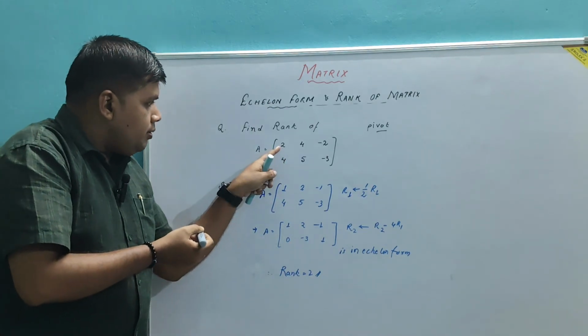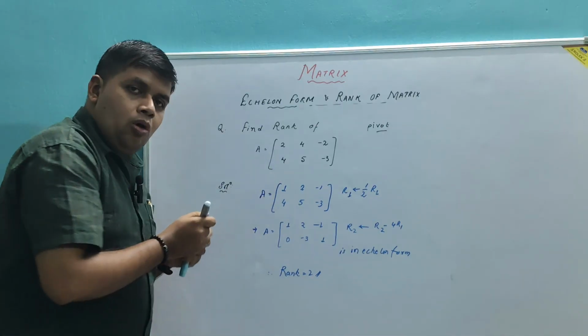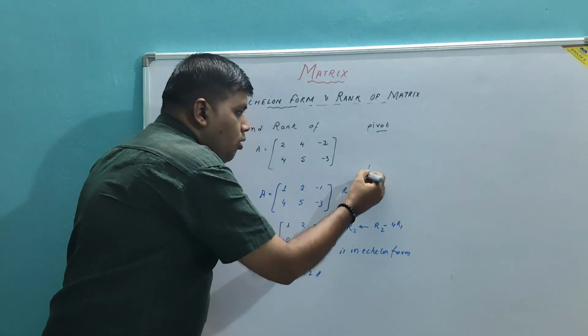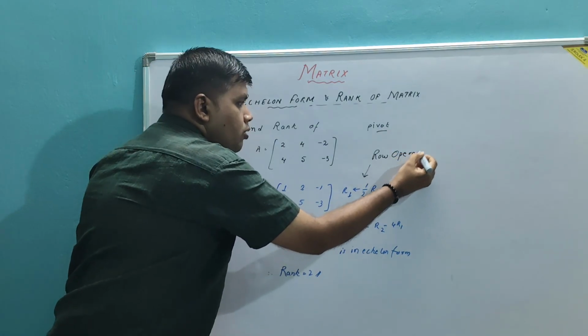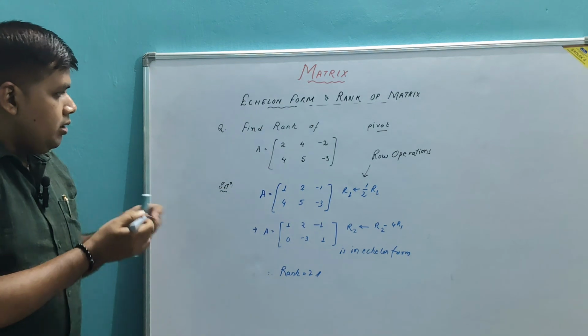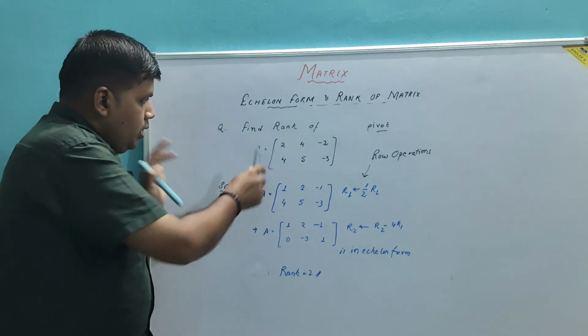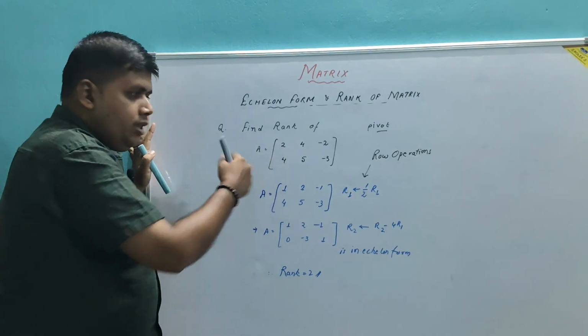So instead of 2, what row operations can we apply to make this 1? If we divide this by 2, we will get 1.